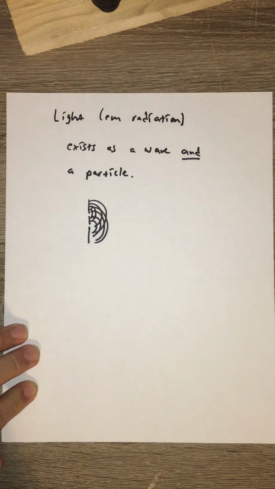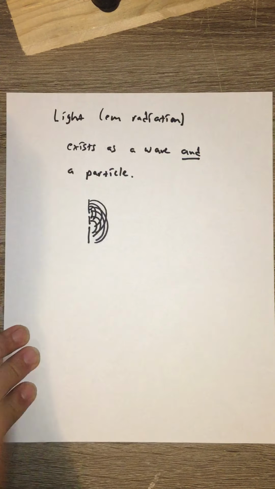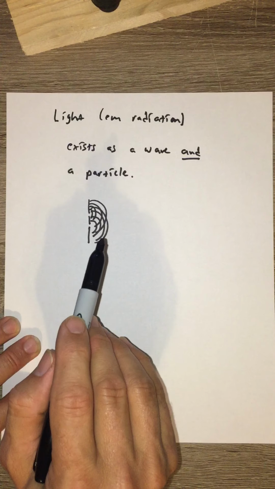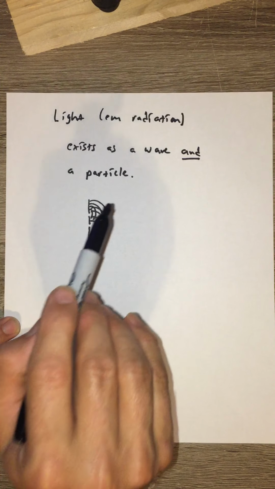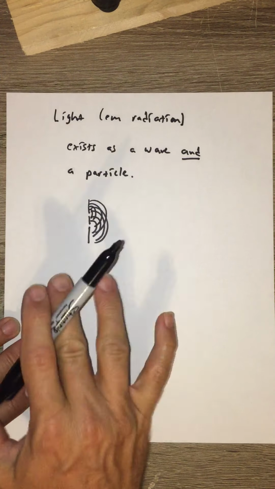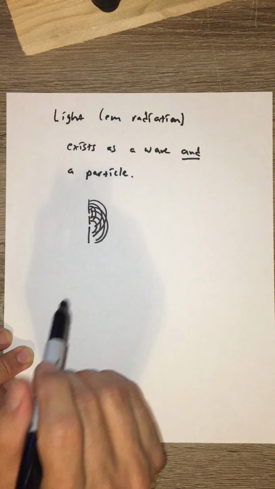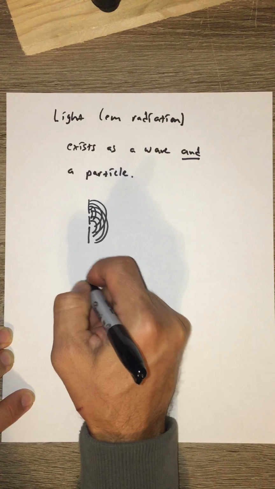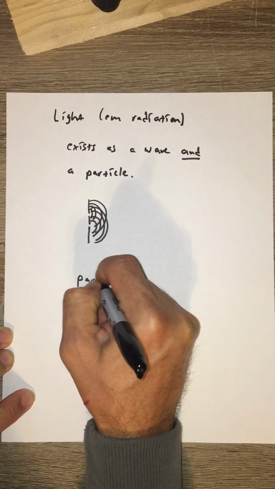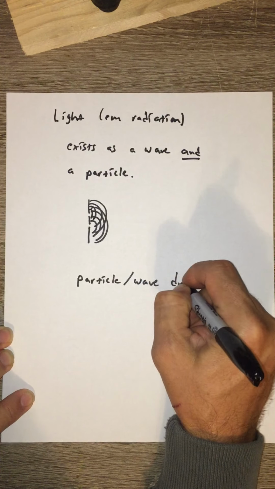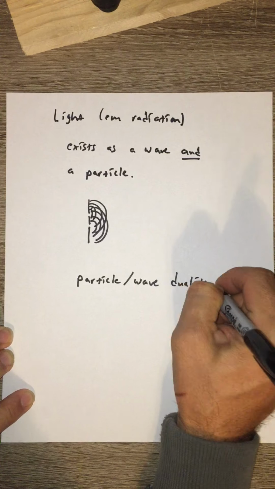In the case of quantum mechanics, the mathematical precision of quantum mechanics is quite robust. So light is this thing that is not just a wave and not just a particle, but is somehow both and acts like one or the other depending upon your application. So we call this, in general, the particle-wave duality.